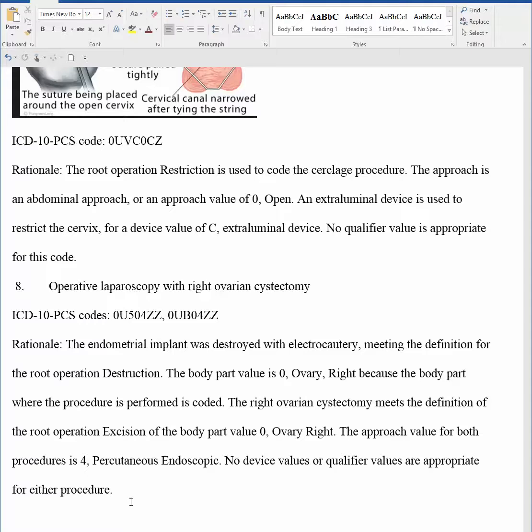In the clinical statement, about halfway through the last paragraph, it says a 5 to 8 millimeter Versaport trocar was similarly advanced using similar procedure under direct visualization. So in addition to going through her vagina, he also used a laparoscope, which he said he was going to do, operative laparoscopic.